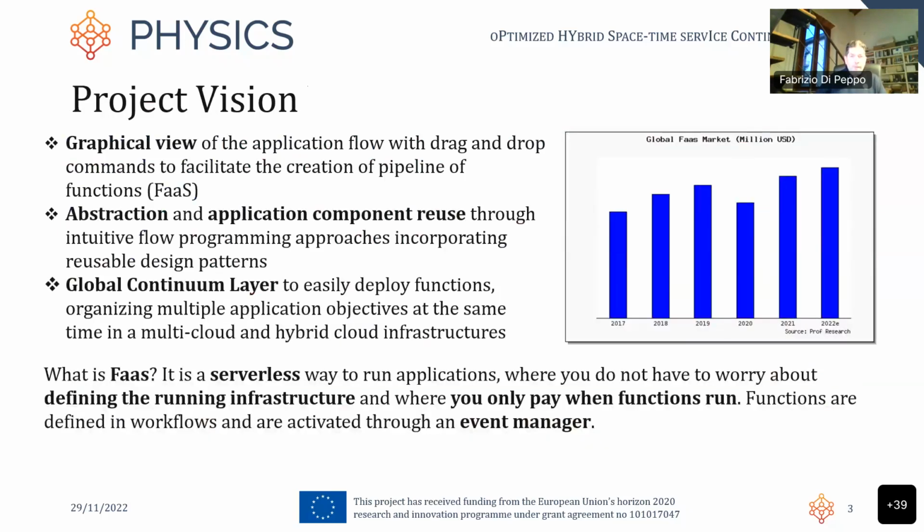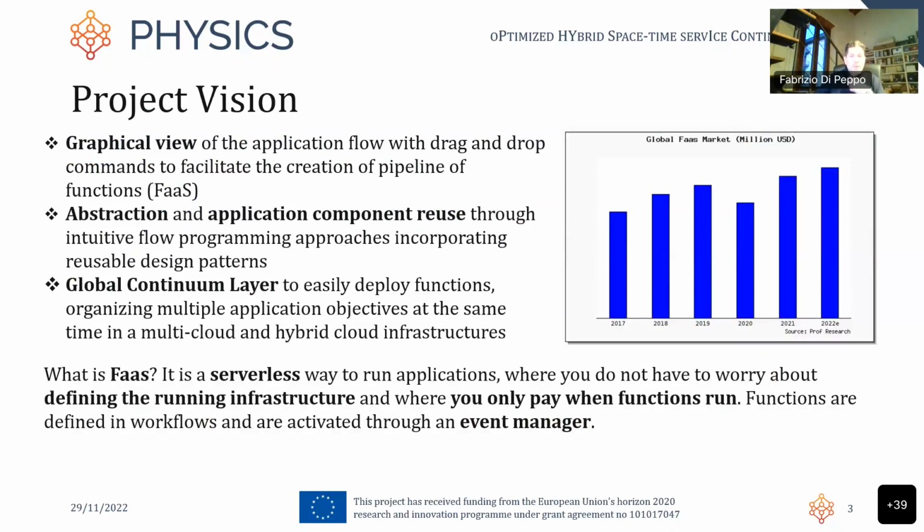What is the project vision of PHYSICS? PHYSICS develops a platform offering a graphical view of the application flow, allowing, through drag and drop commands, to create pipelines of functions, function as a service, of course.